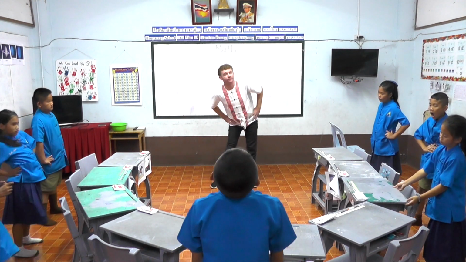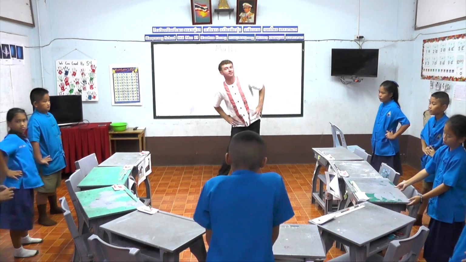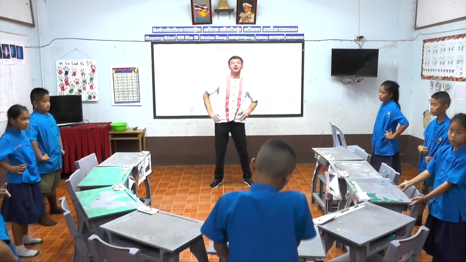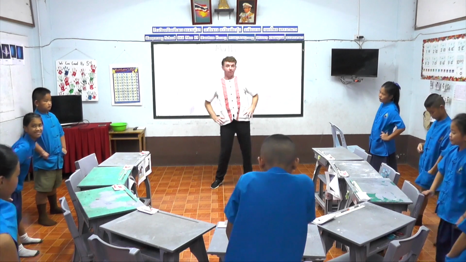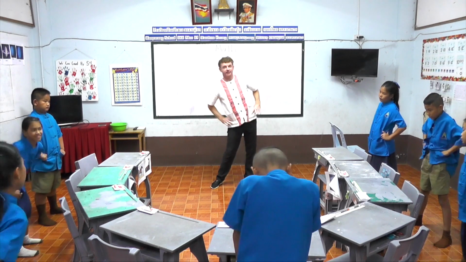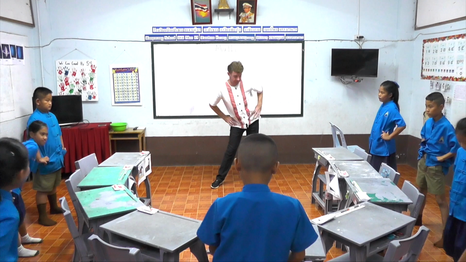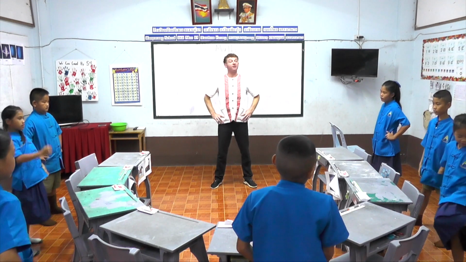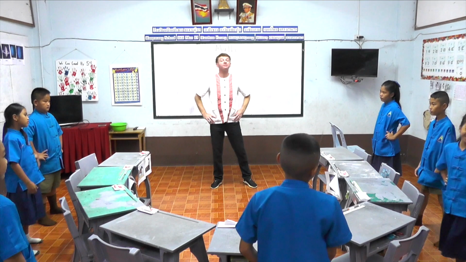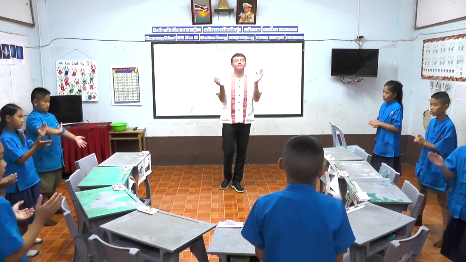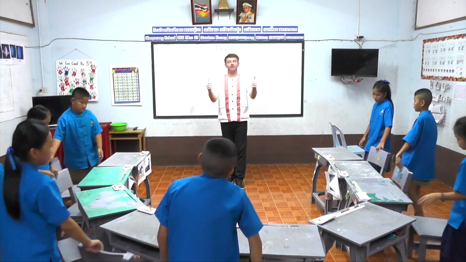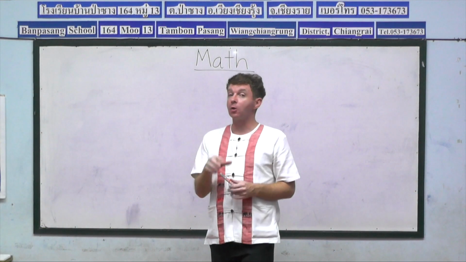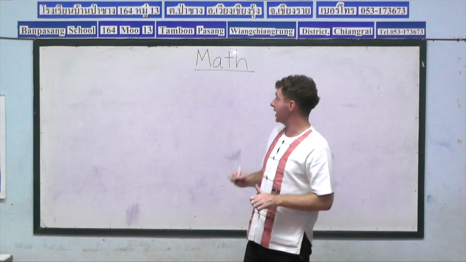And stop. Then back the other way, round and round the other way. And stop. To finish, guys, we will do 5 claps. 1, 2, 3, 4, 5. Excellent. Have a seat.